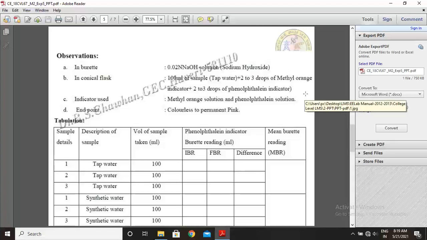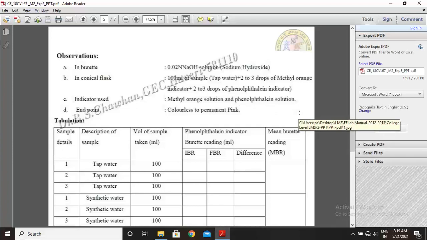The indicators used are methyl orange solution and phenolphthalein solution. Next, the endpoint is colorless to permanent pink.